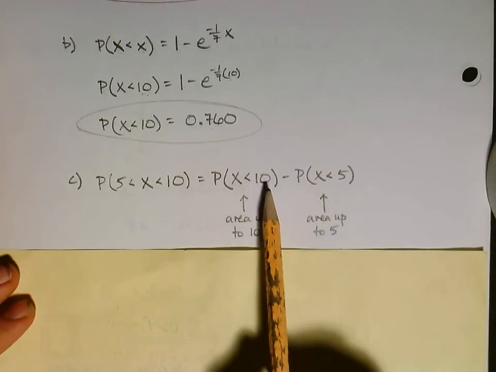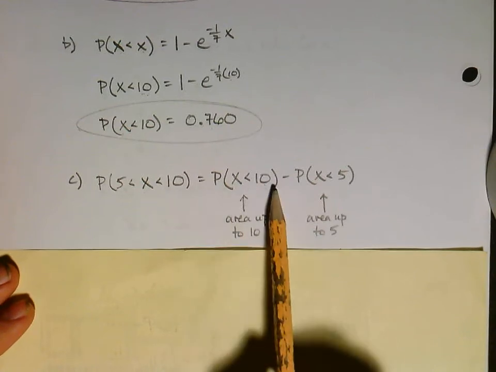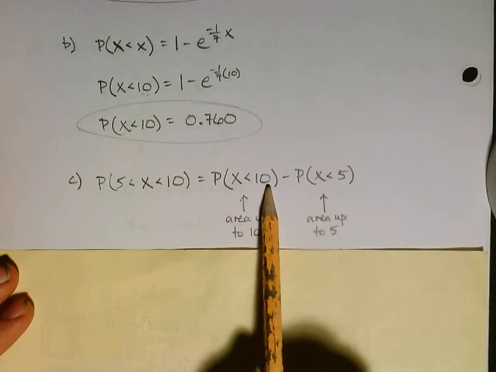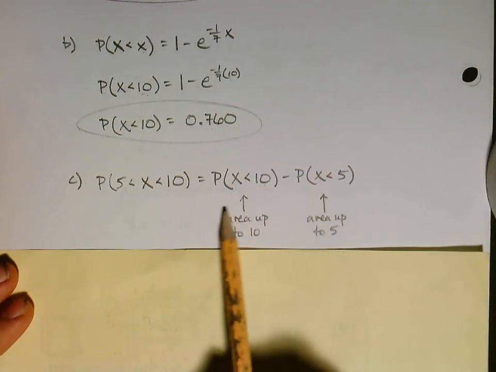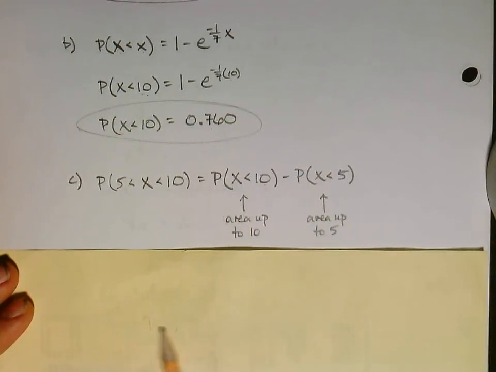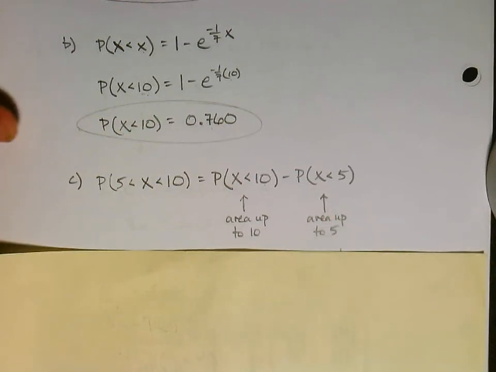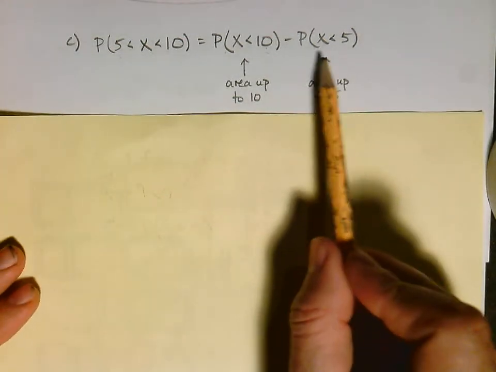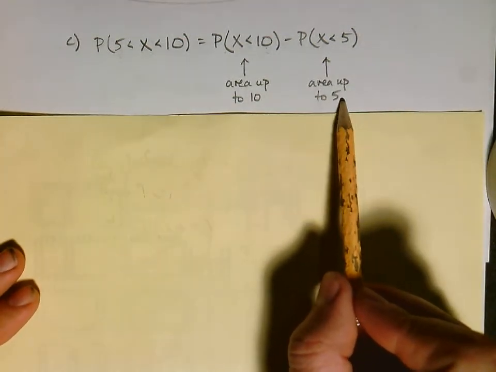Why would you do the probability of the bigger number minus the probability of the smaller number? Because the probability of the big number tells you all of the area up to 10. Where the probability, where capital X is less than 5, tells you all of the area up to 5.